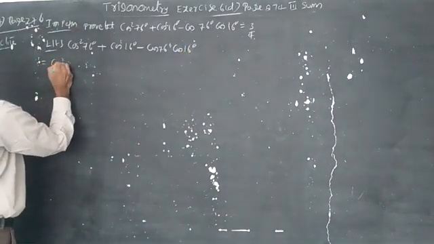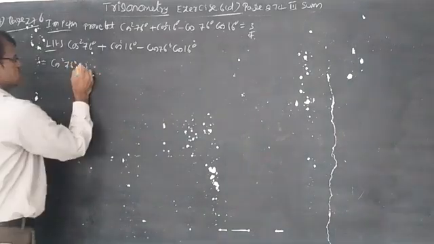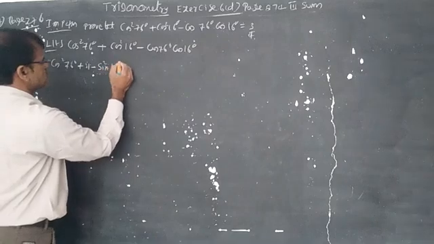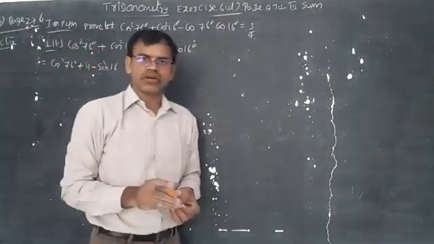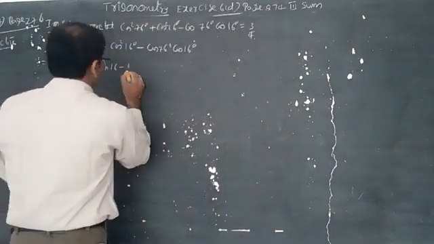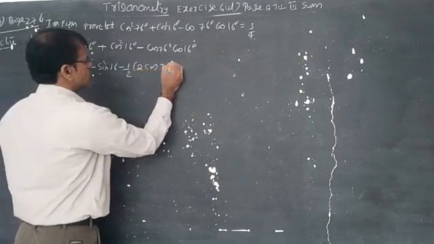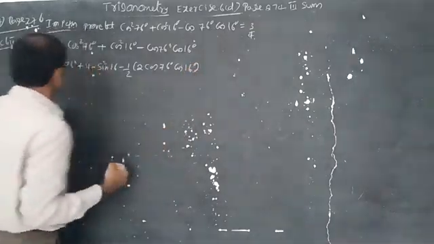That is equal to cos square 76 plus, this can be understood as 1 minus sin square 16 degrees, because cos square theta is equal to 1 minus sin square theta, minus. Now multiply and divide with 2, so write like this: 2 cos 76 into cos 16 degrees.